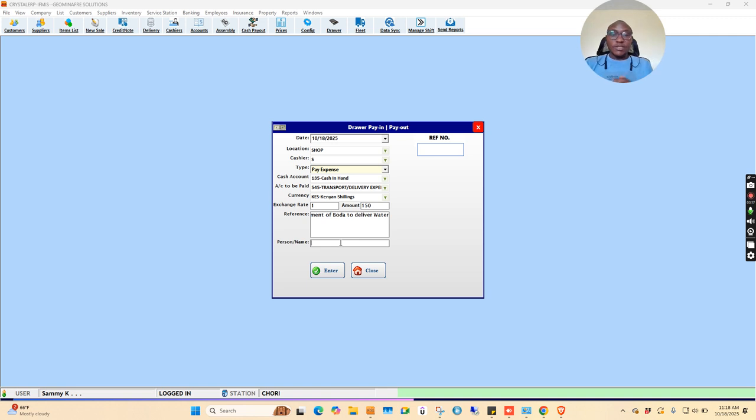And then the name is usually supposed to be the name of the person who's given the money, or the name of the cashier who gives out the money. But most often, we write the name of the person who's given the money, because the system captures the name of the cashier itself. So in this case, we say order guy.